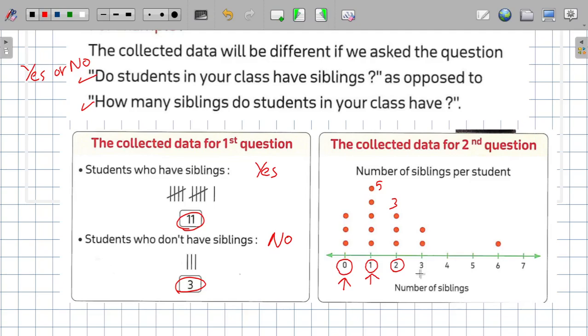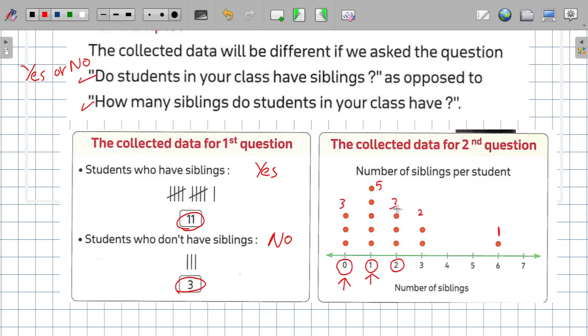Students who have 3 siblings are 2 students. And one student has 6 siblings.